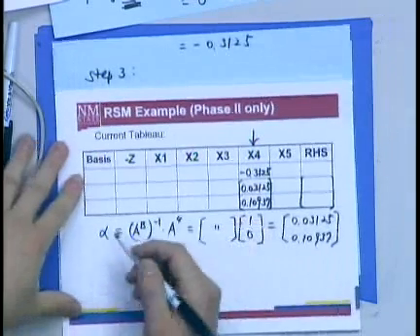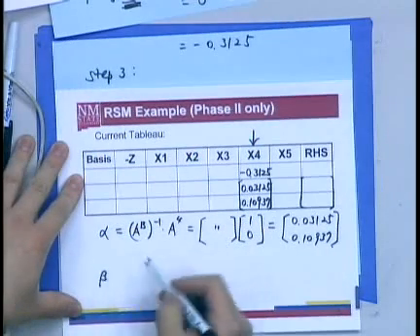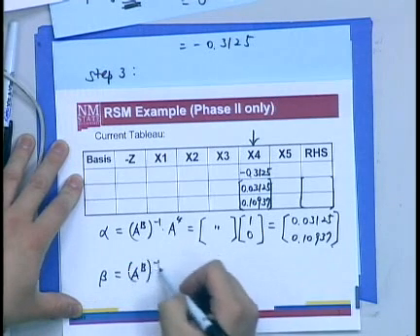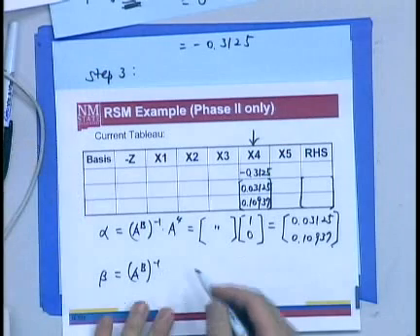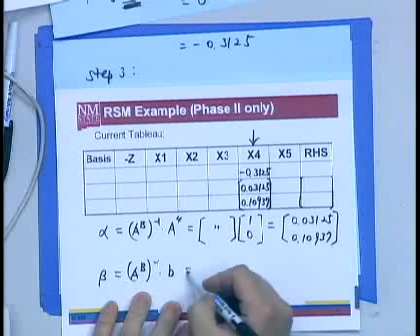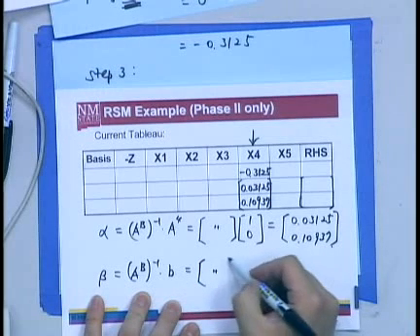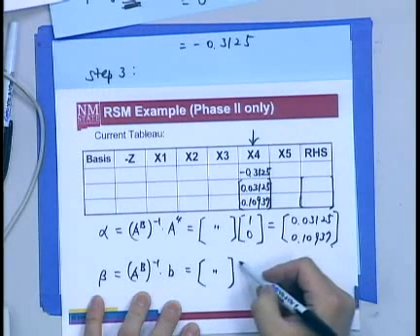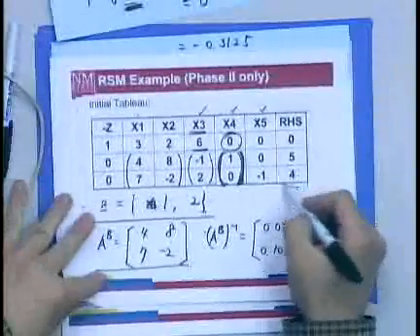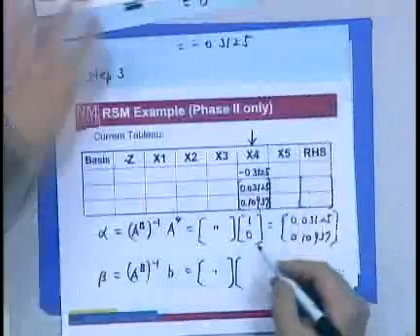And the right-hand side value, which is beta, can be obtained by basis inverse matrix times the right-hand side value from the original table, right? So we have the basis inverse matrix right here. The right-hand side value from the original table is 5, 4, right?